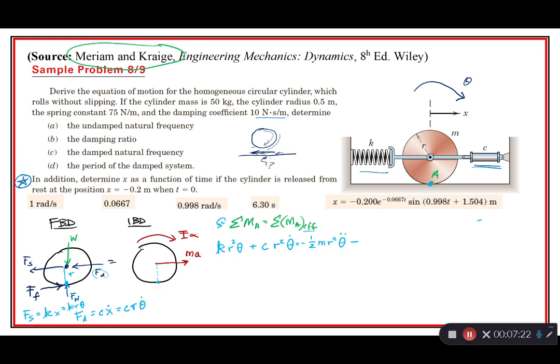We need this mass times the acceleration times r. But that acceleration, when we're right here at that spot, we know in a no-slip condition, not slipping, that the acceleration is going to be equal to r times theta double dot. So I said it's going to be m r theta double dot, but remember that is just the translational.